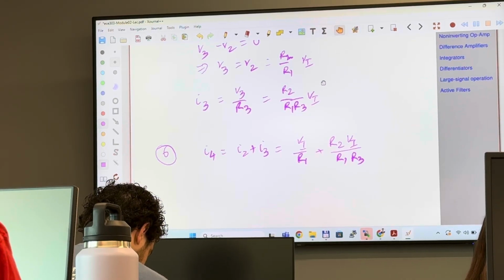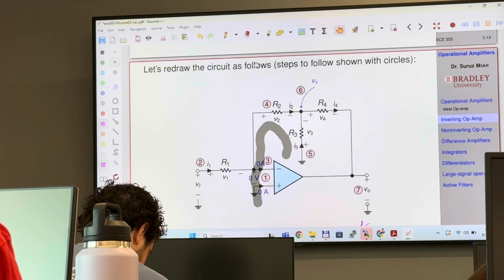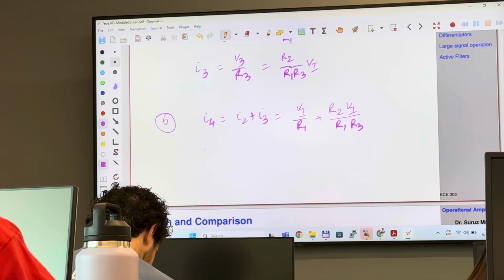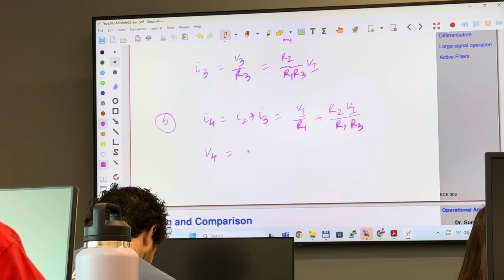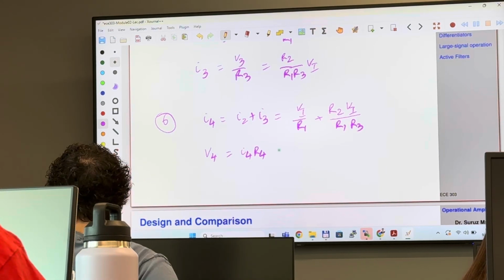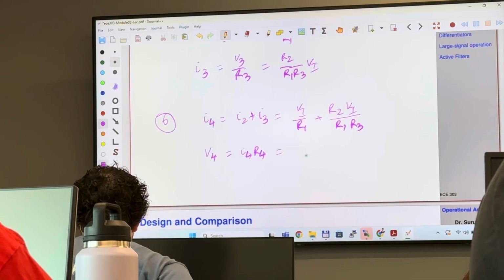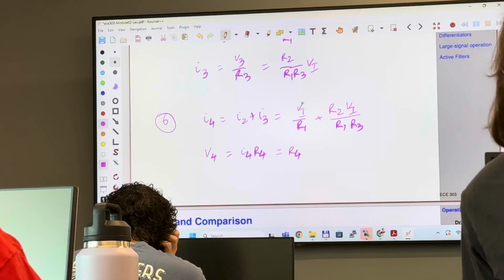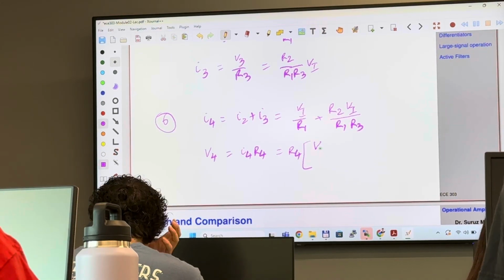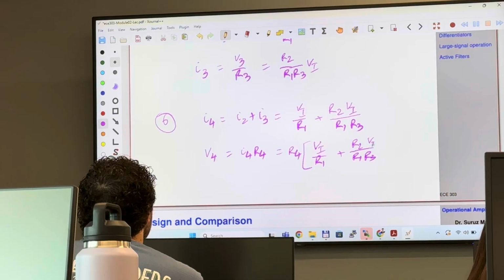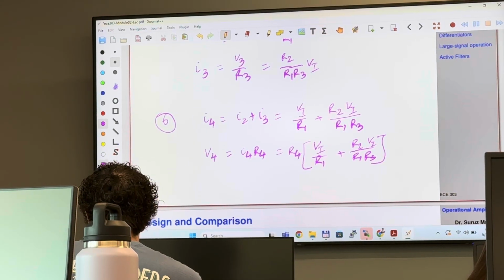Now, if I want to know what the voltage across R4 is, which is V4, V4 is simply I4 times R4, and for I4 we have this expression, Vi over R1 plus R2 over R1 R3 times Vi. So this is my V4.